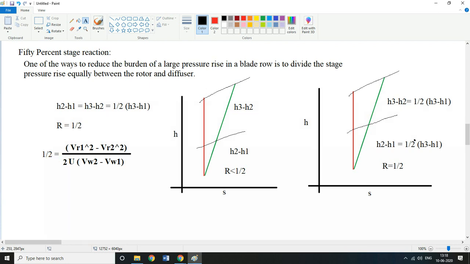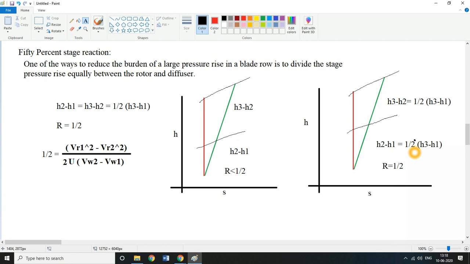So 1 by 2 is equal to VR1 square minus VR2 square, that is the relative velocity, divided by 2 into u, the tangential velocity. For any case which is greater than half, you'll have uneven division. At the rotor stage, the enthalpy changes so much, and at the stator stage, the enthalpy changes so much. But when the degree of reaction is half, you can see both conditions are satisfied.